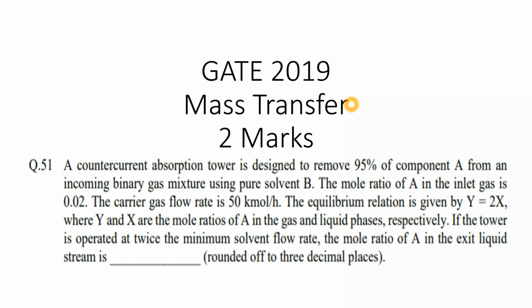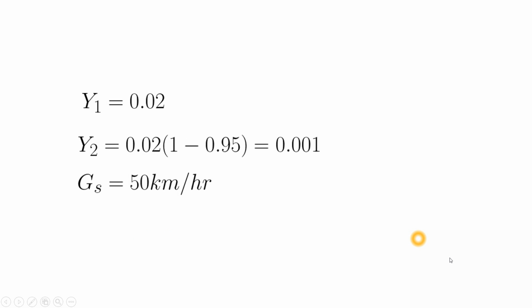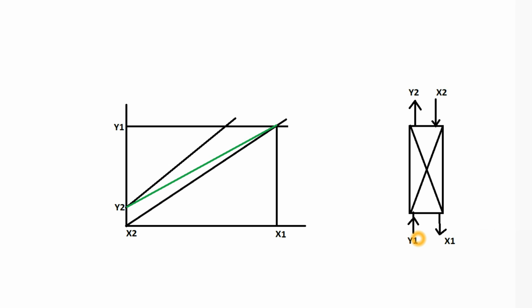It is given in the question that the tower is operated at twice the minimum solvent flow rate, and we need the mole ratio of A in the exit liquid stream. You can see here, if I increase the Ls, meaning solvent flow rate, then the operating line will shift to here.